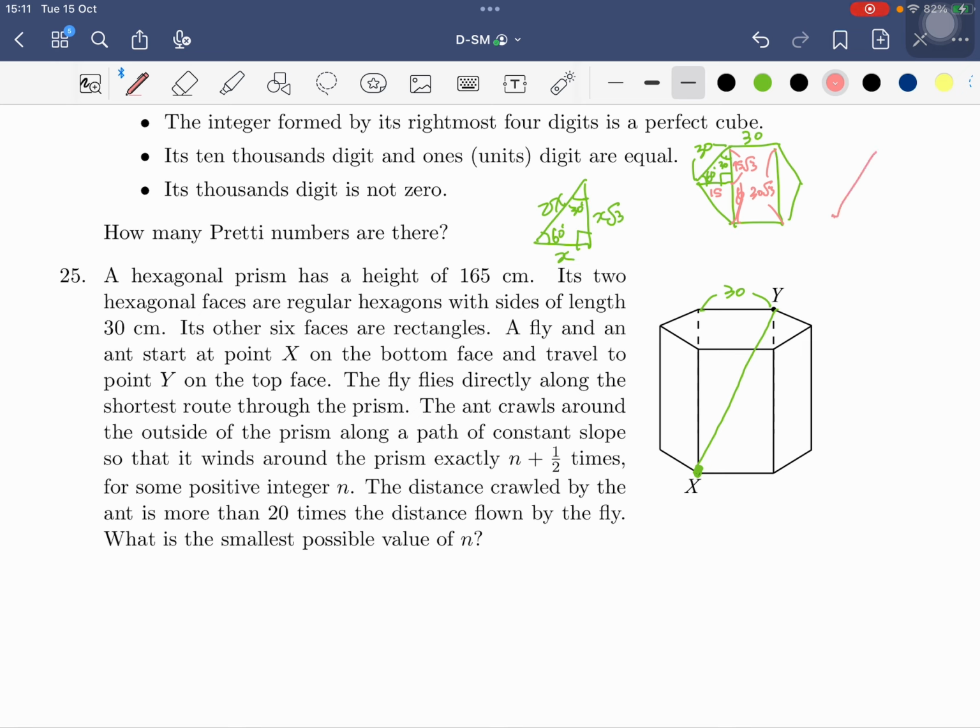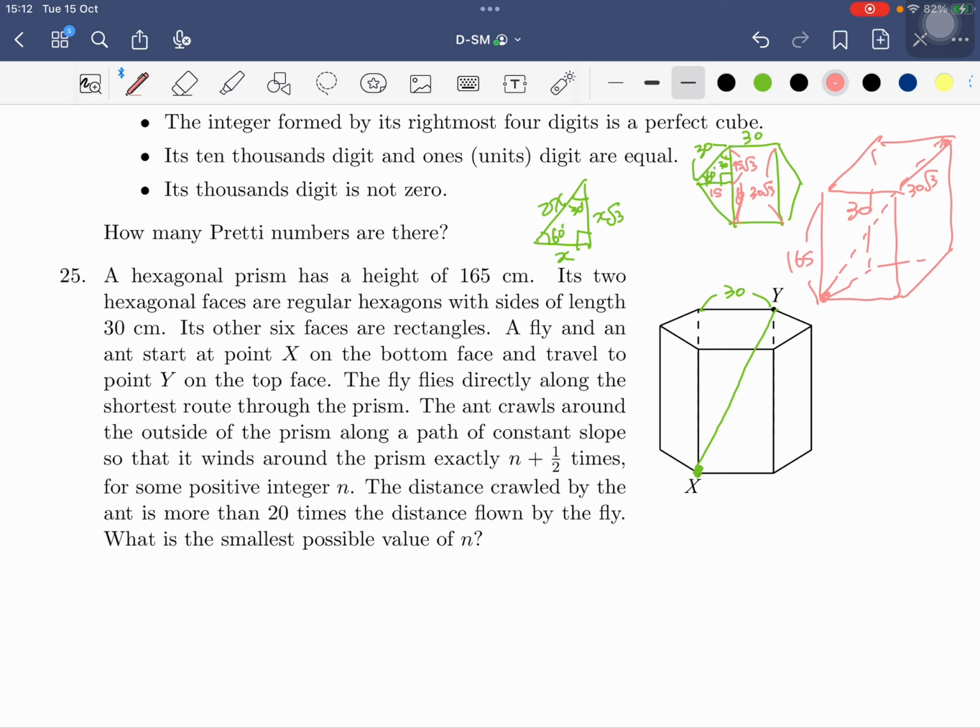So for the fly, let's forget the base shape of this hexagon, because it just flies over directly from here. So this is 30, and we just found this is 30 square root 3. And this is 165. The fly goes from here to there directly, along this diagonal.